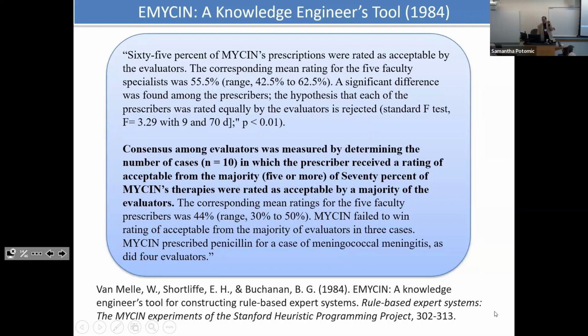Now, this is during the MYCIN project, and again, these are highly biased people. The corresponding mean rating for the 5 faculty was 55.5%, ranging from 42% to 62.5%. And then the hypothesis that each prescriber was rated equally by the evaluators was rejected.